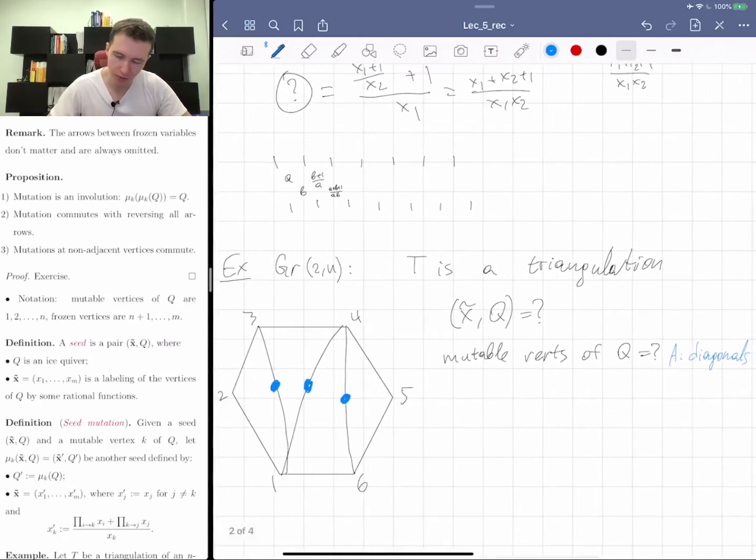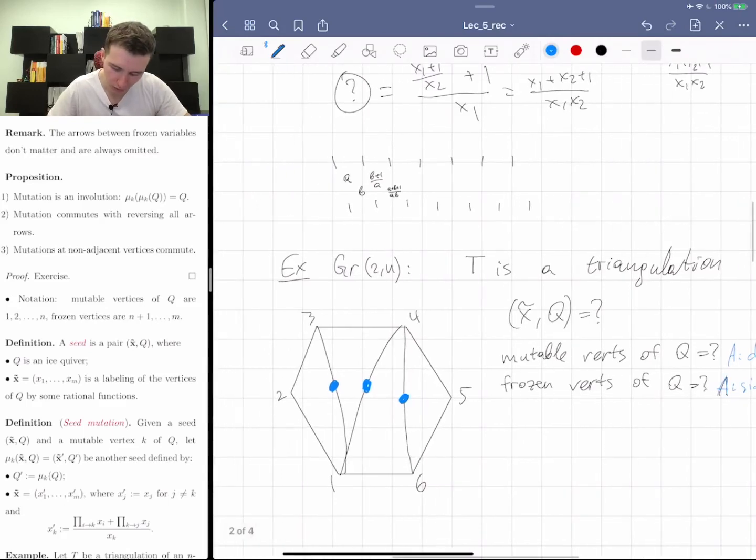Now the second question is, what are the frozen vertices of Q? The answer to that is the sides of my n-gon. So on each side, I'm going to put a frozen vertex. I'm going to box the frozen vertices.